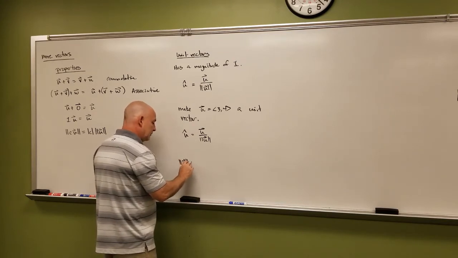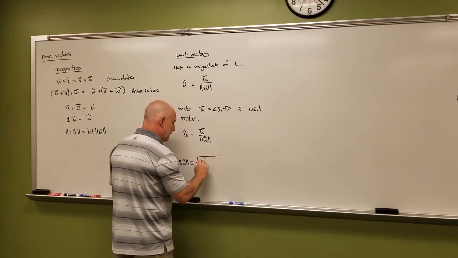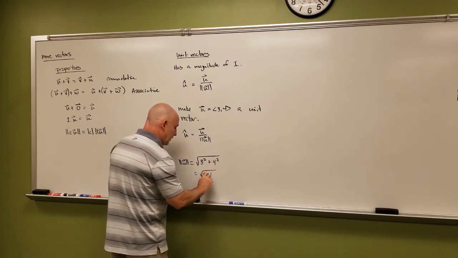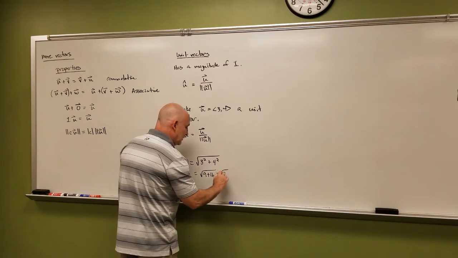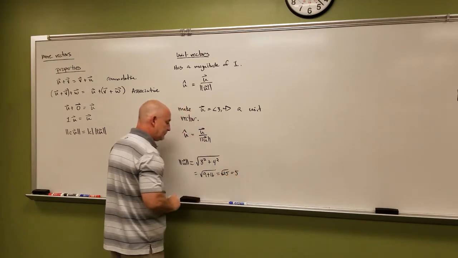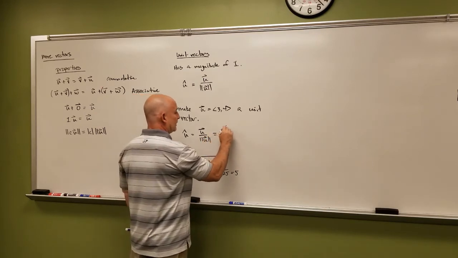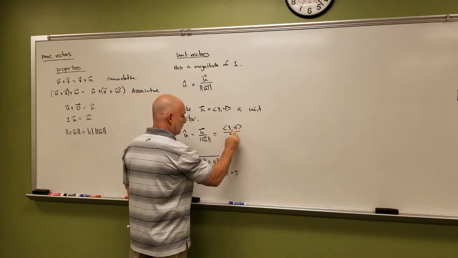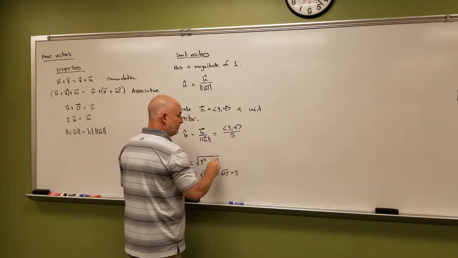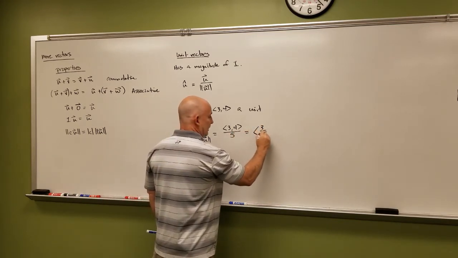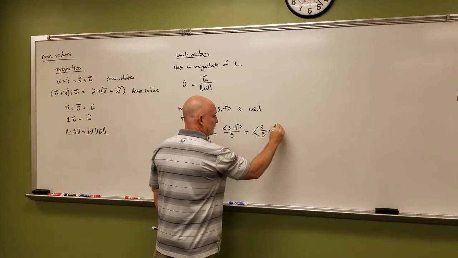The magnitude of u would be the square root of 3 squared plus 4 squared. 9 plus 16, 25, square root is 5. So to come up with the vector that's in the same direction, we would take our vector <3, 4> and multiply it by 1/5 or divide by 5, either way you want to think about it, which would give us the vector <3/5, 4/5>.